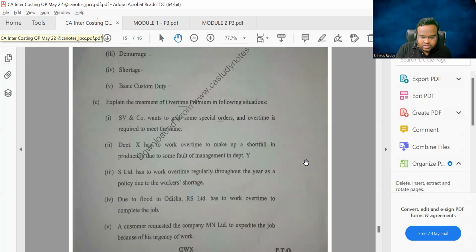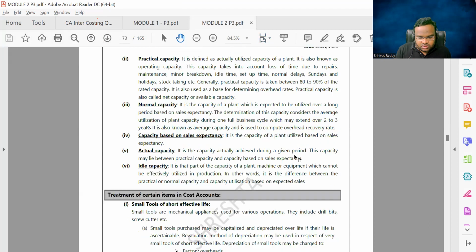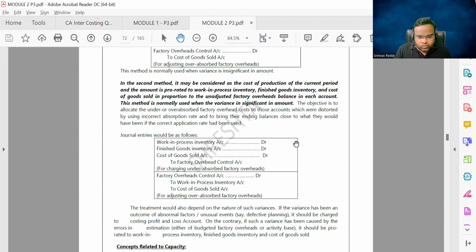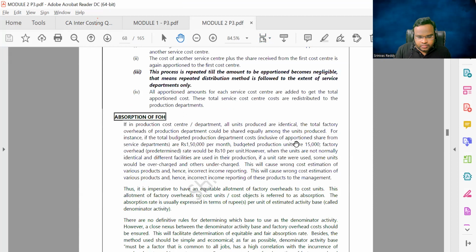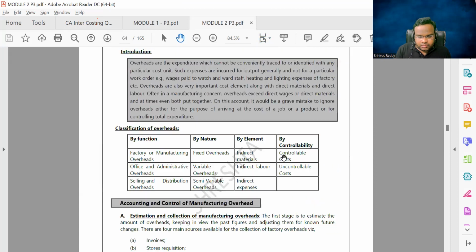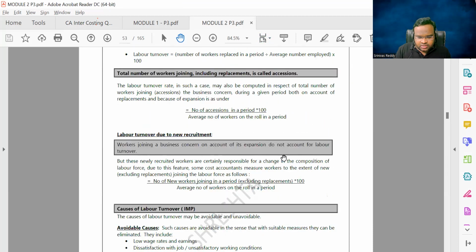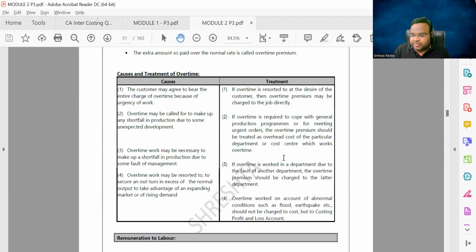Special orders to make it the same, and urgency of work. I think it is in the labor chapter. Yes, sorry, it is in the labor chapter, causes and treatment of overtime. So 5 marks question.